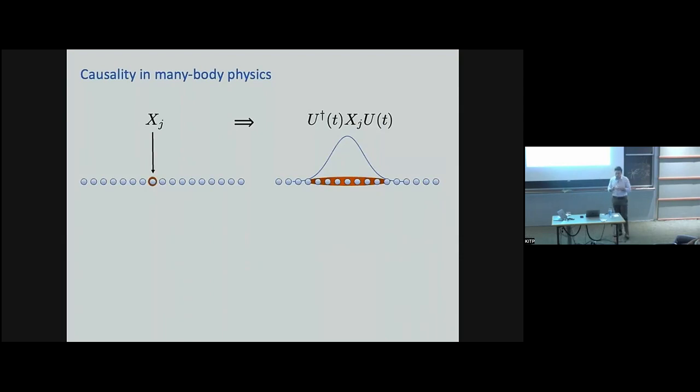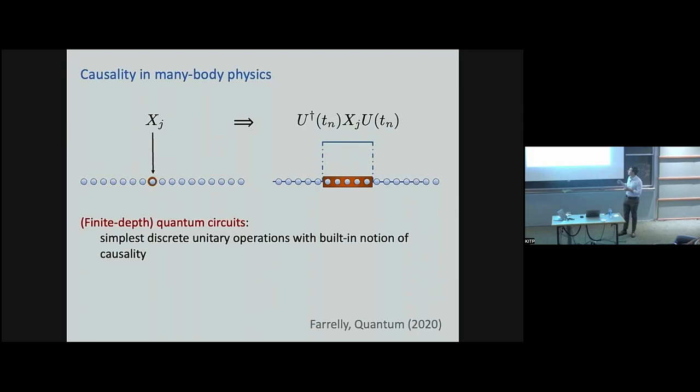And then the claim is that if you have a local Hamiltonian dynamics and you time evolve an operator localized at some point here, then after a finite time, your operator is spread over a finite region up to some exponentially decaying tails. And so the kind of finite depth quantum circuits that I have in mind can be considered as the simplest discrete unitary operation, which has this form of strict causality as a built-in feature.